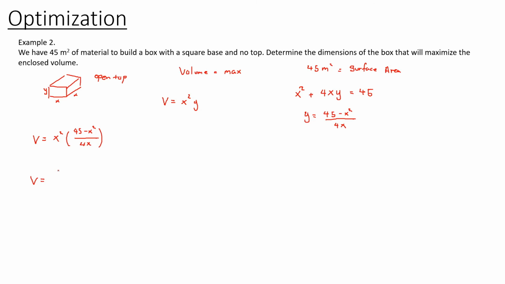Now if you simplify this, you get 45 x squared minus x to the 4th over 4x, which is the same thing as 45 over 4 times x minus 1/4 of x to the 3rd. Now take the derivative: 45 over 4 minus 3 over 4 x squared. Find the critical value.